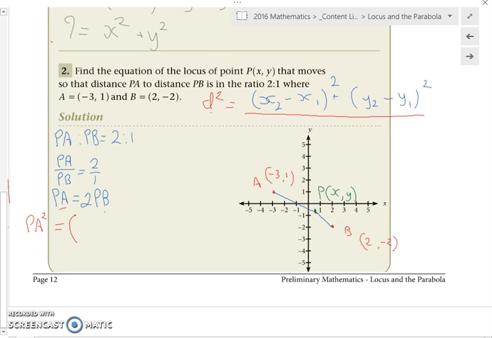So P is going to be x2. So you're going to have x minus 3, all squared, plus y minus 1, all squared. You happy with that? Everyone happy with that?